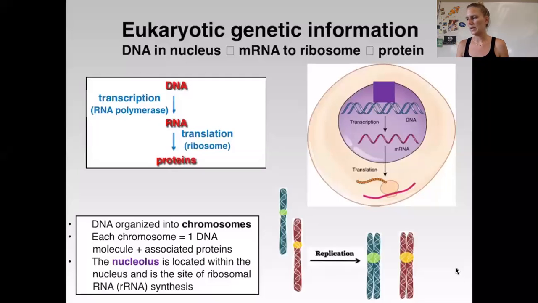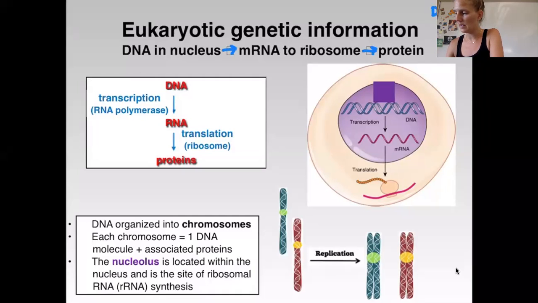All right, the last thing we're gonna talk about in this particular PowerPoint is going to be the flow of information. So in eukaryotic cells, eukaryotic genetic information, and this actually applies to eukaryotic and prokaryotic cells, what you're going to see is that you have DNA to RNA to protein, right?